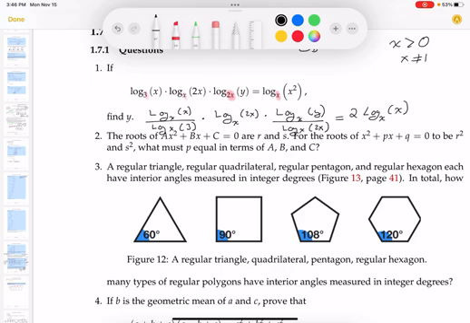So what I'm going to do over here is divide both sides by, let's see. I noticed something right away. I'm noticing this cancels off. Conditionally, of course. They can't be 0.